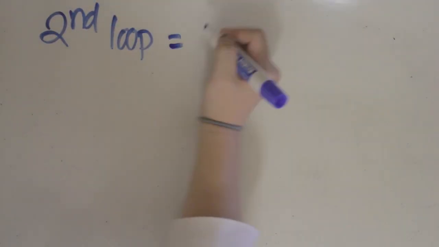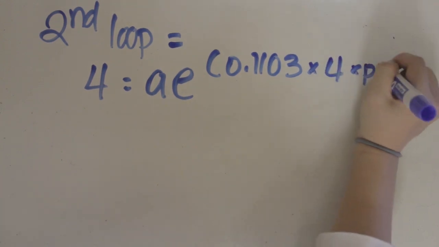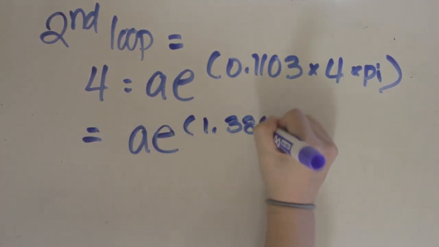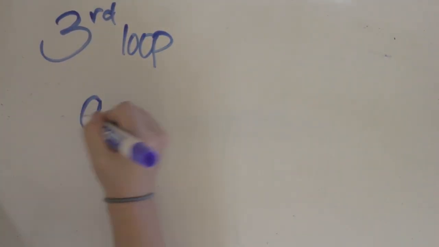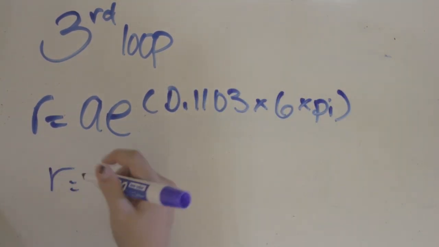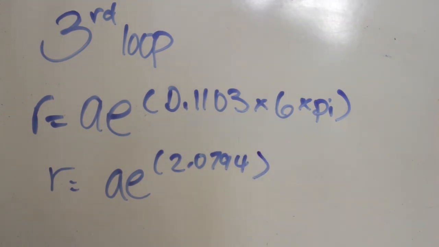The second loop would be 4 equals a times e to the 0.1103 times 4 pi, which would be equal to a times e to the 1.3863. For the third loop, the equation is r equals a times e to the 0.1103 times 6 pi, which is equal to a times e to the 2.0794.